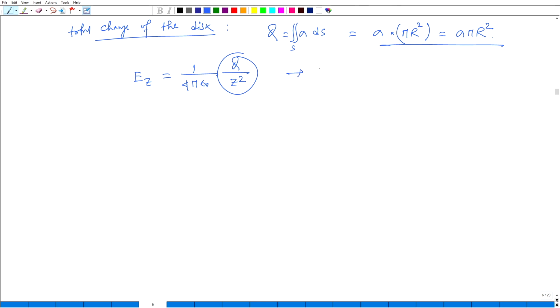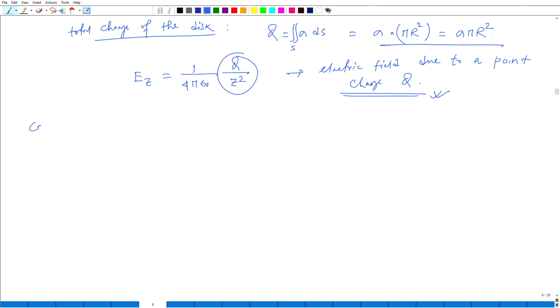When we look at a point far away from the disc, the disc becomes a point charge, meaning all the charge is concentrated at a point with the total charge Q, and that is the idealization of a point charge, which we discussed in the previous class. So this one is expected.